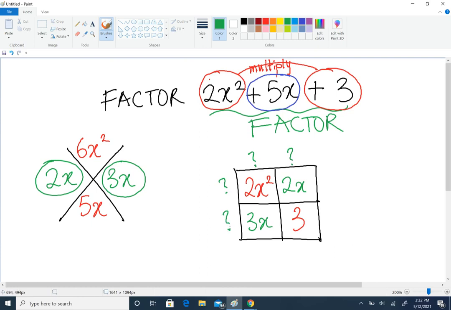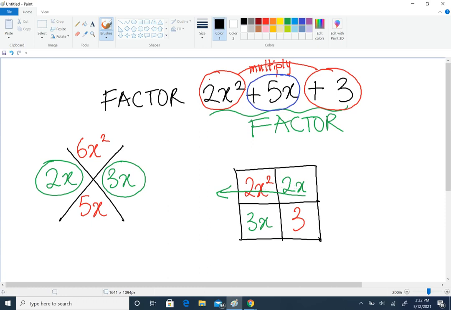Okay, and the way that I taught this in the previous video is you simply need to use your GCF method. What is the GCF method? You just have to ask yourself, what is the GCF for each column and row? So let's start here. What is the GCF for 2x squared and 2x? In other words, what can go into 2x squared and 2x, right?